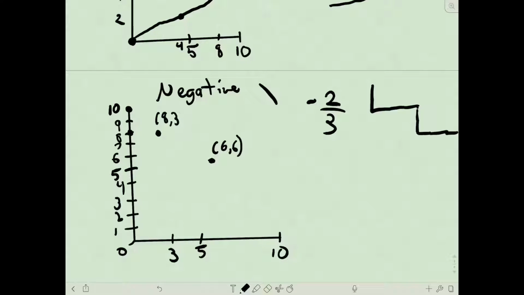This is 8, 3. So we look at the negative 2 rise over run thing. We can see that this number, the x, or the y, my bad.